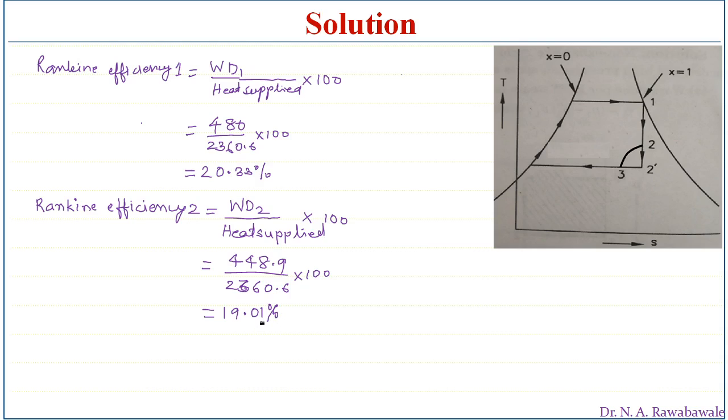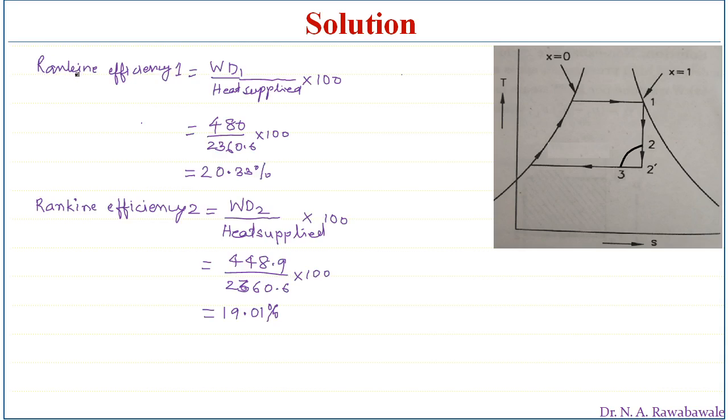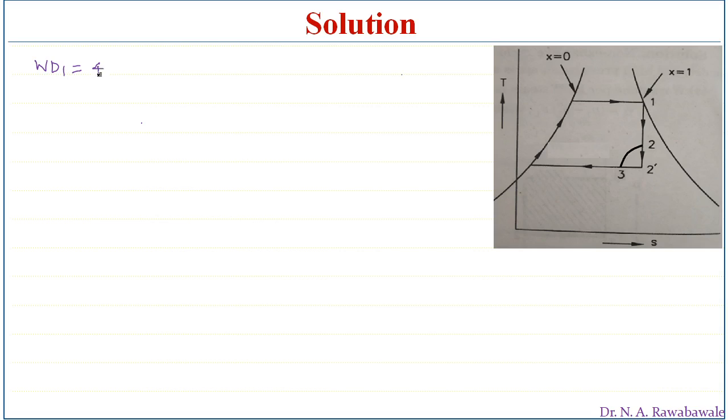So now we can find out. First we'll write down work done 1. The value of work done 1 is 480 kilojoules per kg of steam.